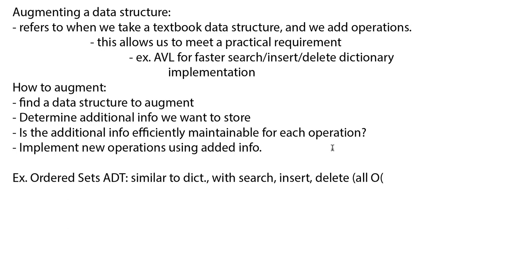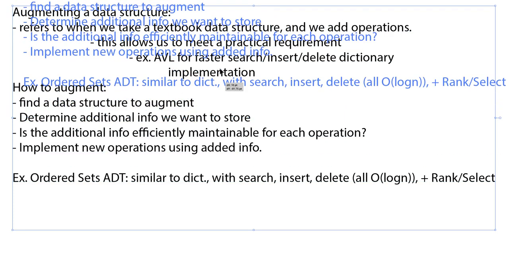With an AVL implementation, these are all O of log n. In addition to that, we have rank and we have select. These two are the new operations we will also define for this ordered set. Okay, so let's move everything up.